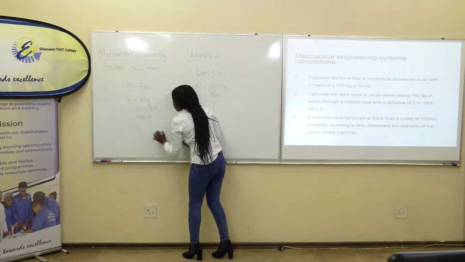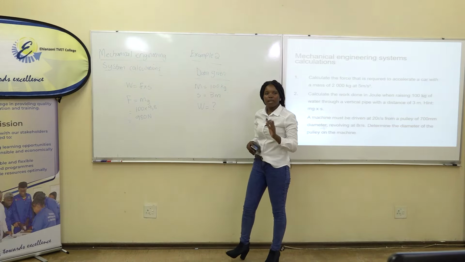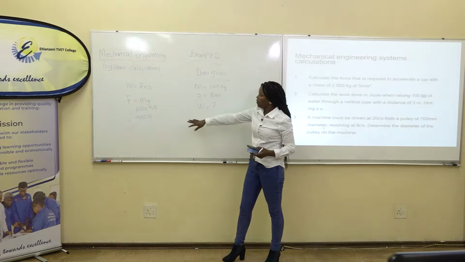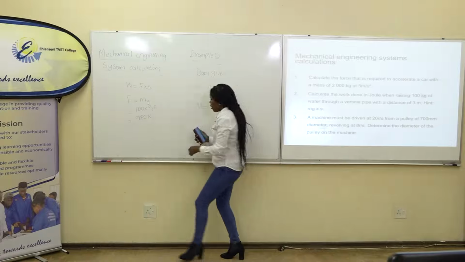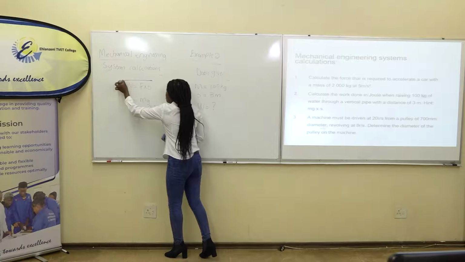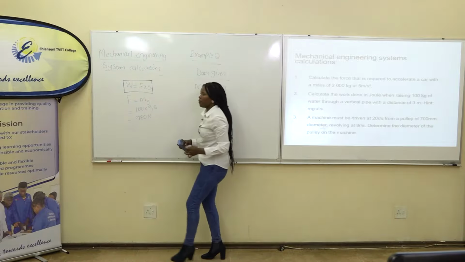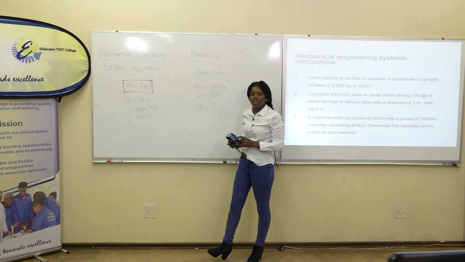So 100 times 9.8 from your calculator, you'll get 980 newtons. But remember, the question was saying calculate the work done. So now you have your force, so you can simply substitute into the formula for the work done, W equals force times S, the symbol for a distance.